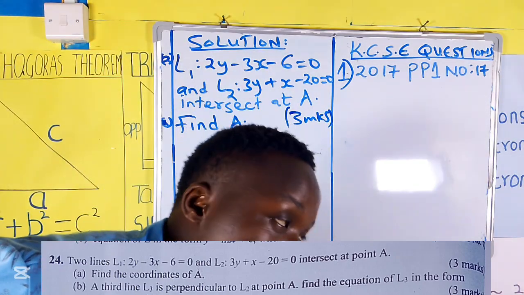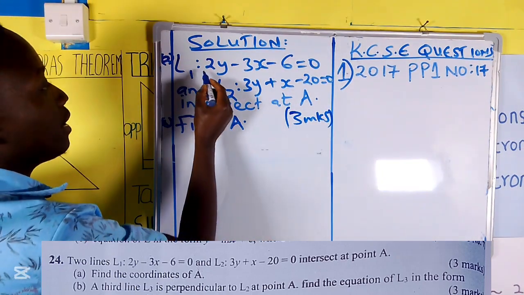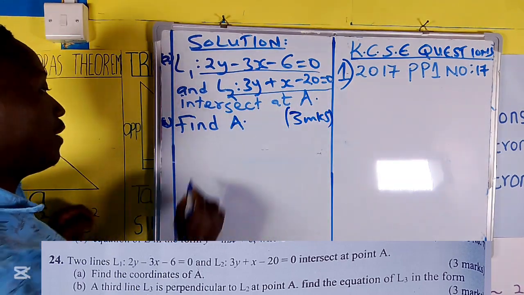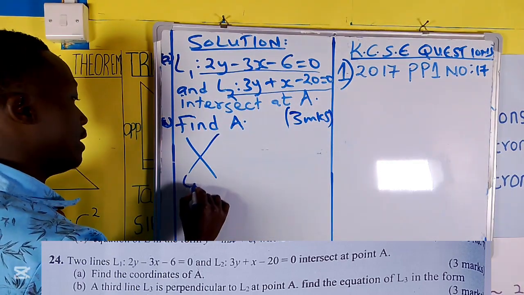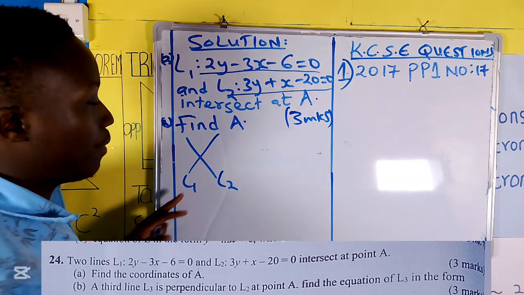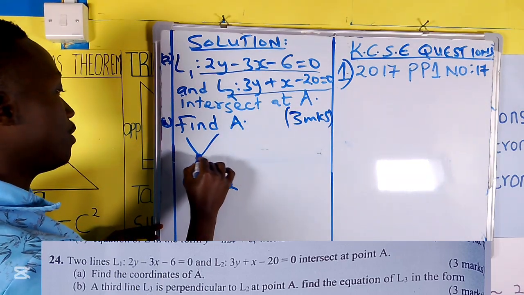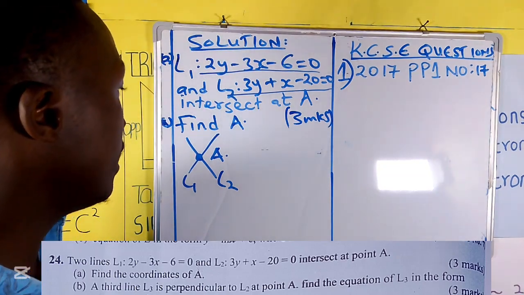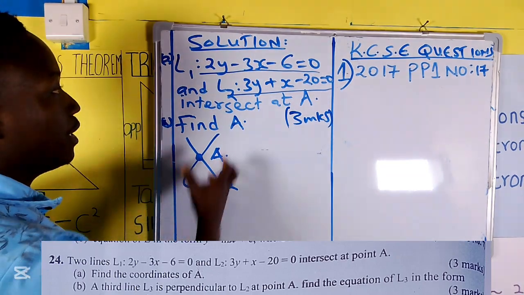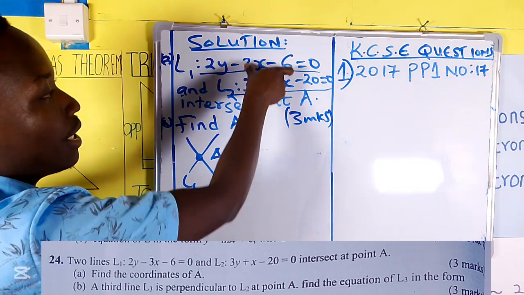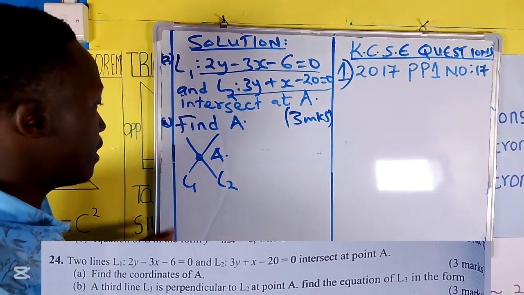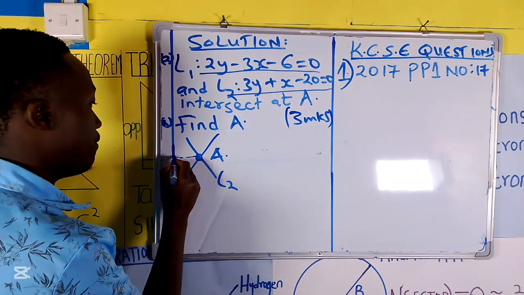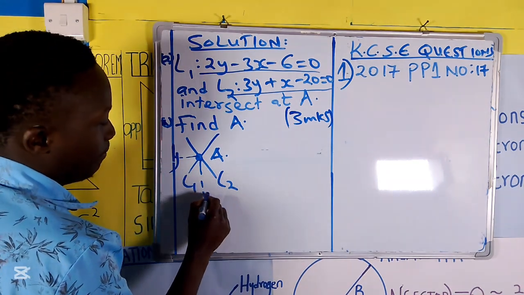So in this particular question, we have been given the equation of line 1 and the equation of line 2. And we are being told to find where line 1 and line 2 are intersecting. So this being line 1 and this being line 2, the point of intersection is A. For us to find the coordinates of the point of intersection, we need to understand that these two lines are equations of straight lines, and the point where they are intersecting, they share the same value of y and the same value of x.